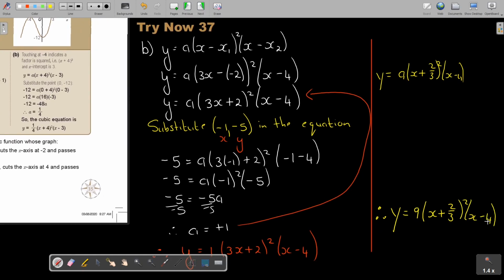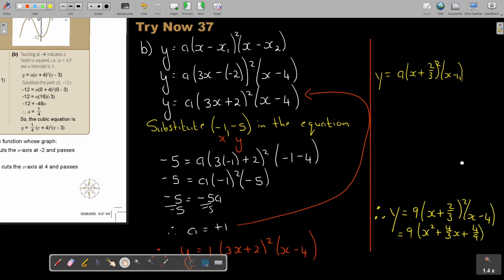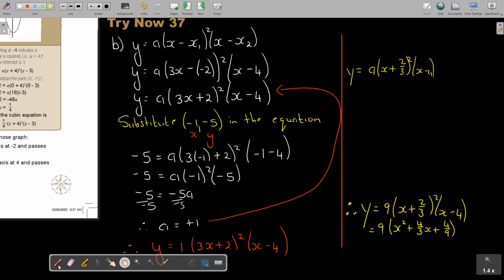Now what I'm actually trying to show you is that this yellow is equal to this red. If I simplify this, it will be 9(x squared plus 4 over 3 x plus 4 over 9)(x minus 4).